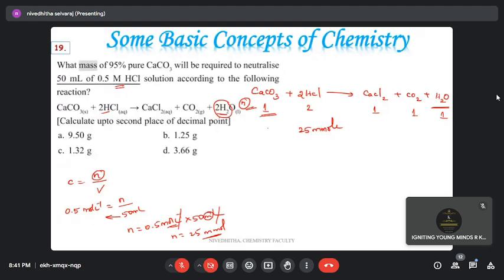So what quantity of calcium carbonate is required? Half of this. It is not 1. You guys getting my point? Yes, ma'am. So, what quantity of calcium carbonate is required to neutralize this 25 millimole of HCl? Yes, Poondamararasi.